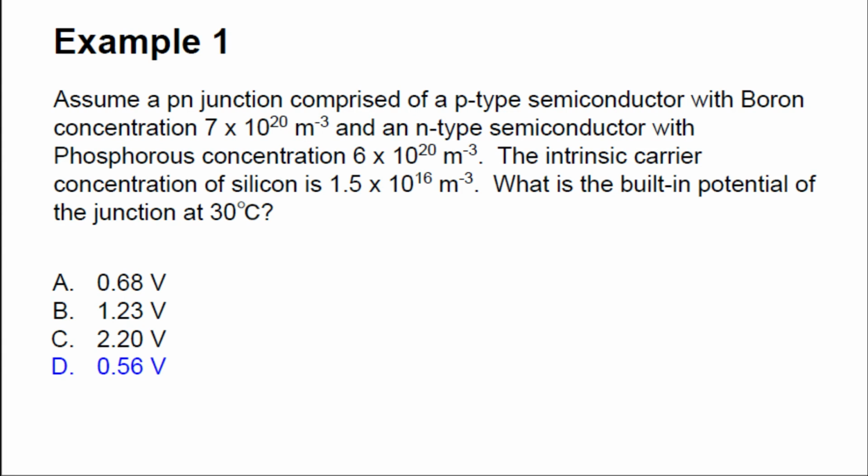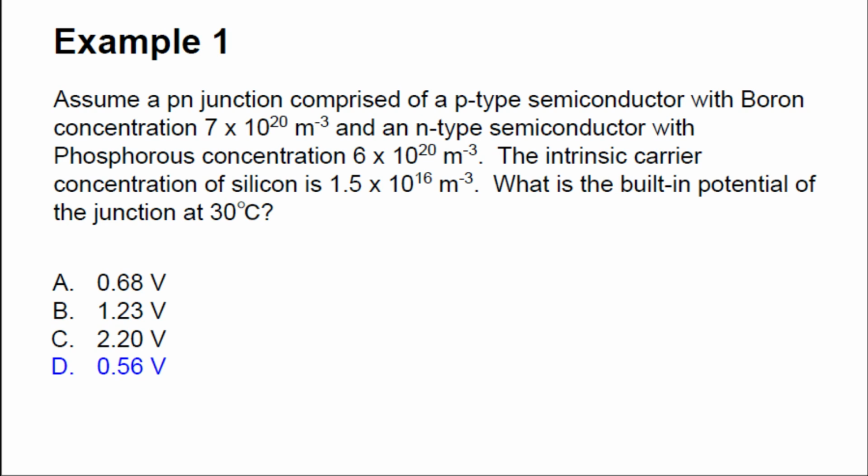First things first. Let's do the example regarding the built-in voltage potential before we talk about what makes the current actually move through the junction.